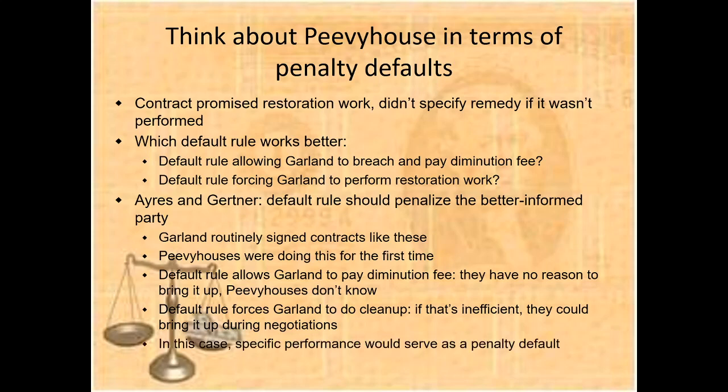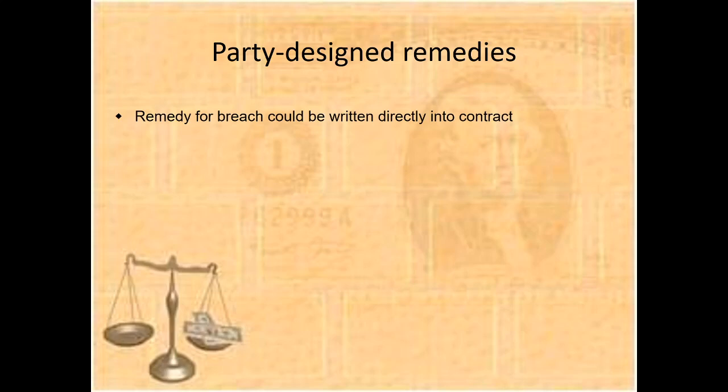If $29,000 is too high for them, they will talk about the cleaning up process in the beginning itself. Otherwise they won't, because in this case specific performance would serve as a penalty default. That means they will negotiate in the beginning and make a contract accordingly. So party designed remedies.